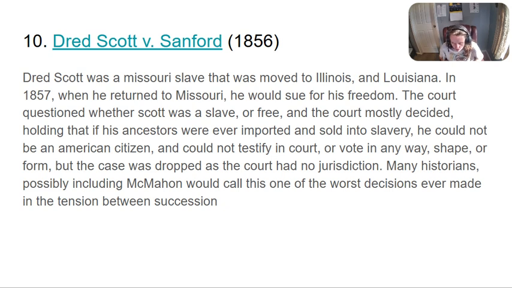The court questioned whether Scott was a slave or free, and the court mostly decided, holding that if his ancestors were ever imported and sold into slavery, he could not be an American citizen, and could not testify in court or vote in any way, shape, or form. But the case would be dropped as the court had no jurisdiction in this area. Many historians, and possibly including you, Mr. McMahon, would call this one of the worst decisions ever made in the Supreme Court, as it increased tension between the secession.